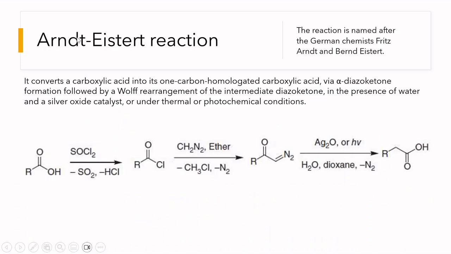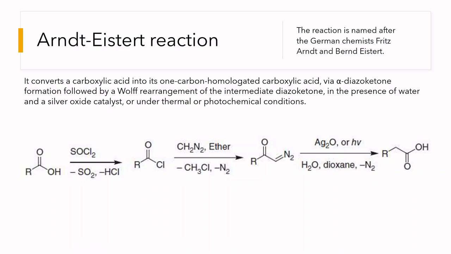Coming to Arndt-Eistert reaction. This reaction is named after two German chemists, Fritz Arndt and Bernd Eistert. And it involves the conversion of a carboxylic acid into another carboxylic acid with one carbon atom more.